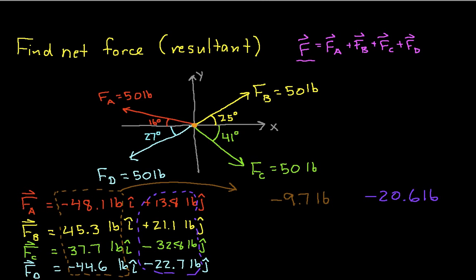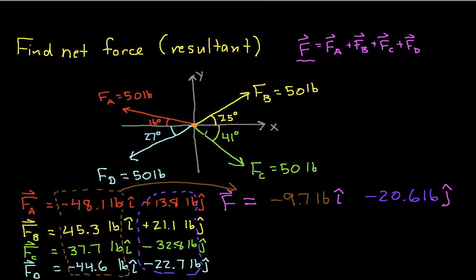Okay, so we can say then that our resultant force is given by this x component times the unit vector in the x direction minus 20.6 pounds times the unit vector in the y direction.